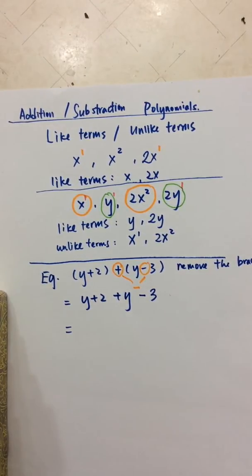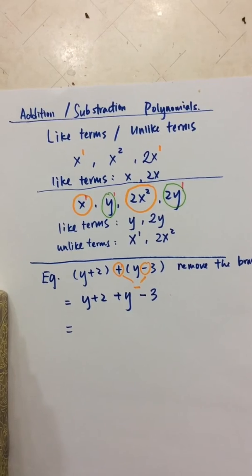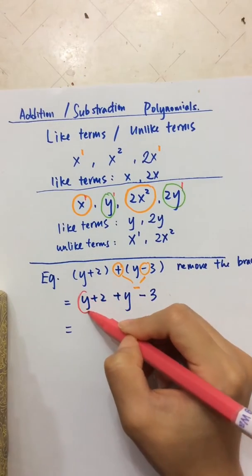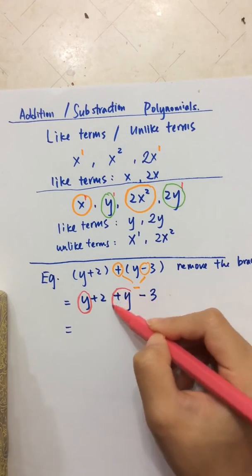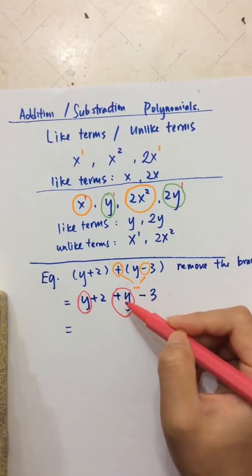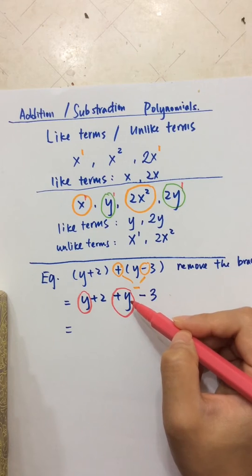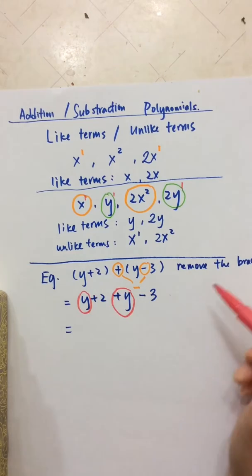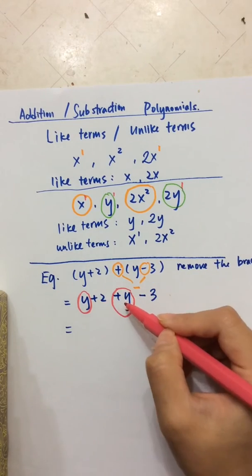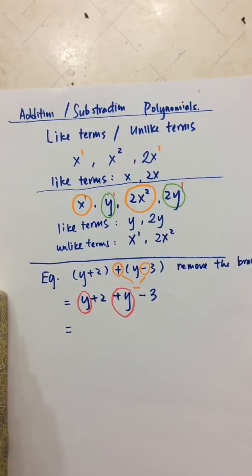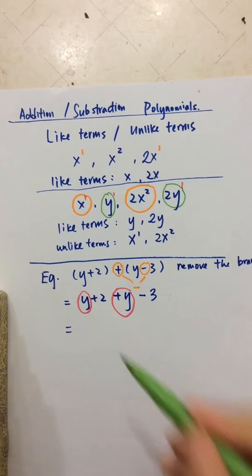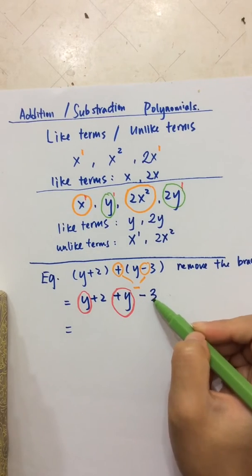So for the next step, we think about the like terms. How many like terms are here? You will see there should be y here, and another y. Remember, when we circle it, the symbol should go with the unknowns. So you put it here, y, and then plus y. And then the other group should be 2 and then 3.